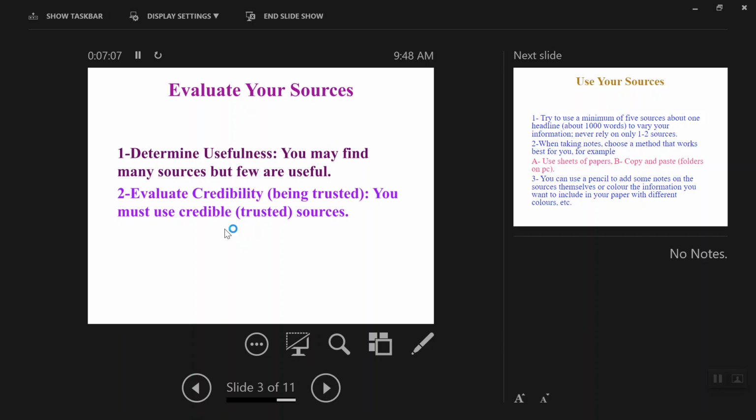For example, Imam Kadhim College, Dr. Haidar wrote something about literature, an essay, an article, 2 or 3 pages. This is something trusted. But when something has no title, no author, you have to avoid this.